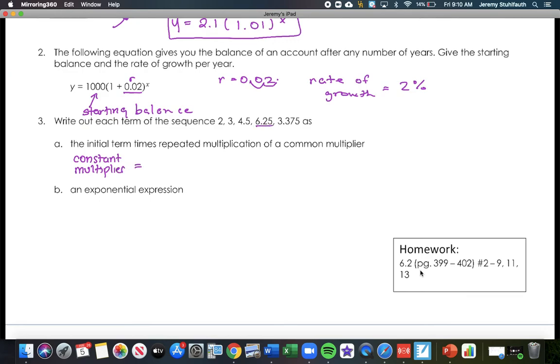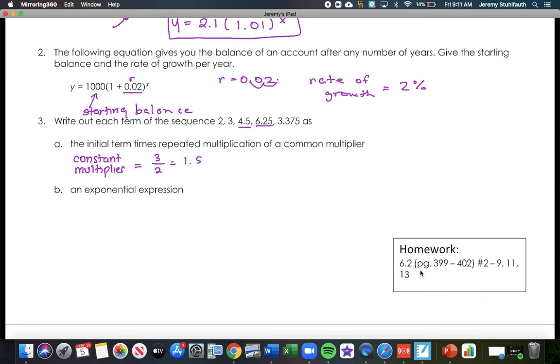So we'll do 6.25 and 4.5, and do 6.25 divided by 4.5. So 6.25 divided by 4.5 gives us a constant multiplier of, let's do 3 divided by 2, which gives us 1.5. All right, and so our constant multiplier is 1.5.